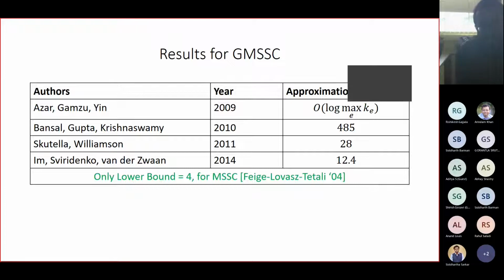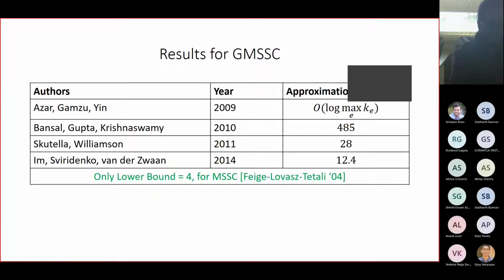As you can see, very unlike the other cases where we had these small tight constants, here it has been quite hard to get anywhere close to tight, because the only lower bound we have for this most general setting is 4. Four is for the min-sum set cover, k equals 1 case.